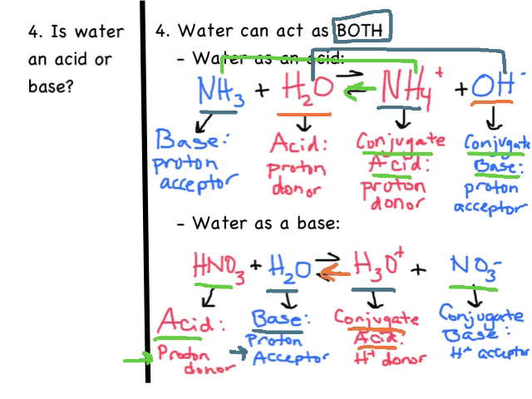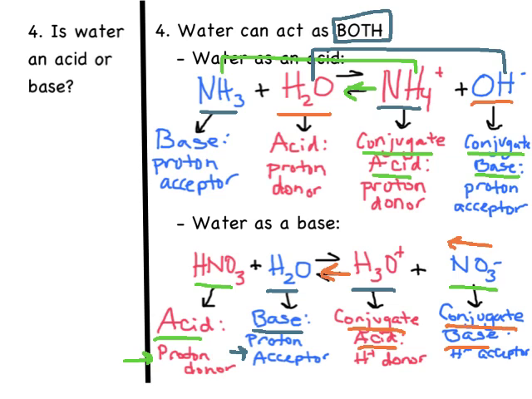And NO3 minus, if we look in the reverse direction, is going to end up as HNO3. So that means it is a proton acceptor. It took the proton from the hydronium ion. Because it took the hydrogen, it is a hydrogen acceptor and therefore considered a base. And in this case, a conjugate base, since it is on the right-hand side.